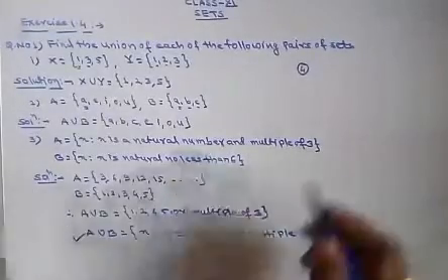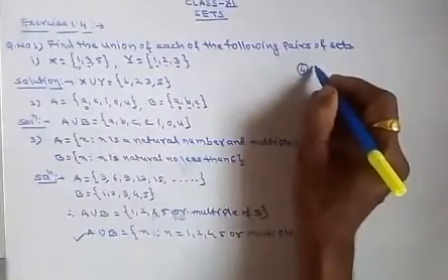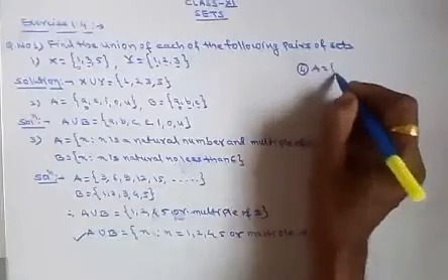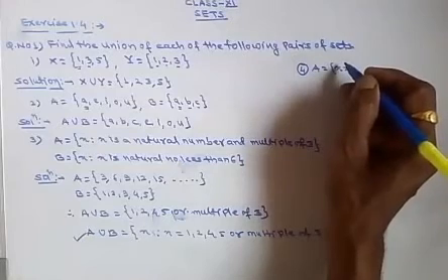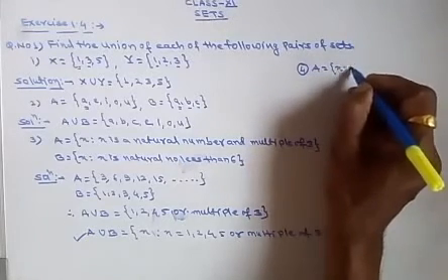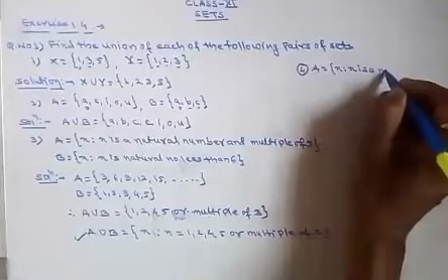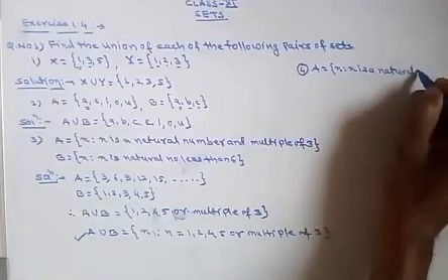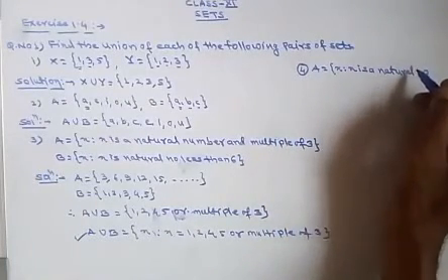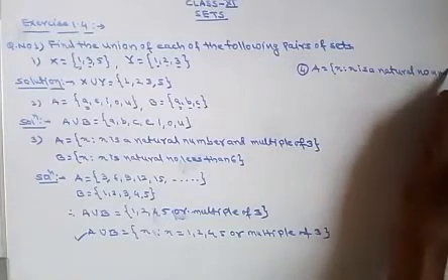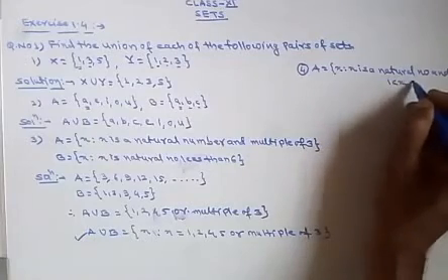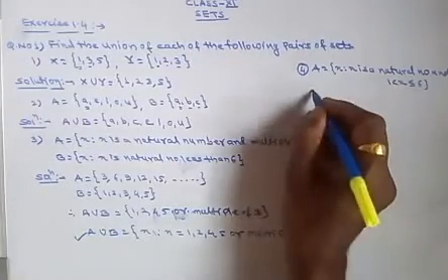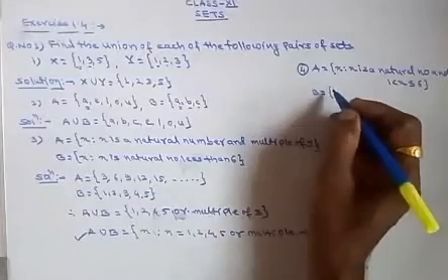Then question number 4. See, question number 4 is: set A is a set of x elements such that x is a natural number and x is greater than 1 and less than or equal to 6.